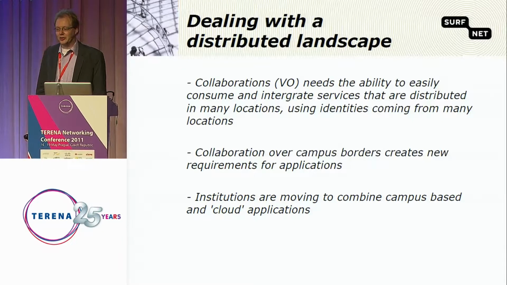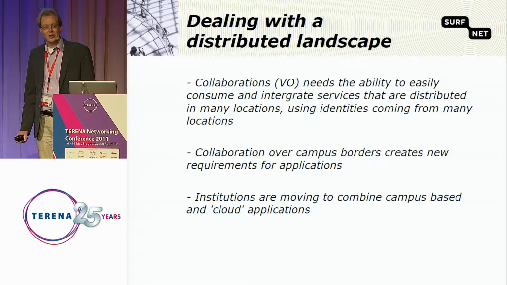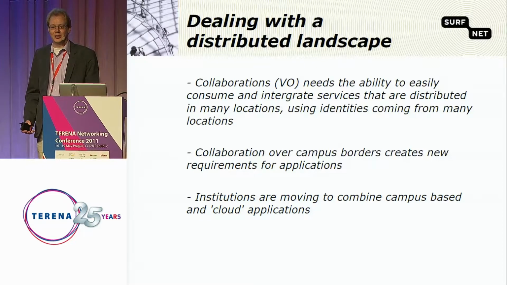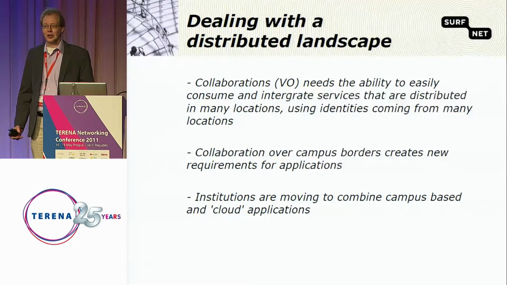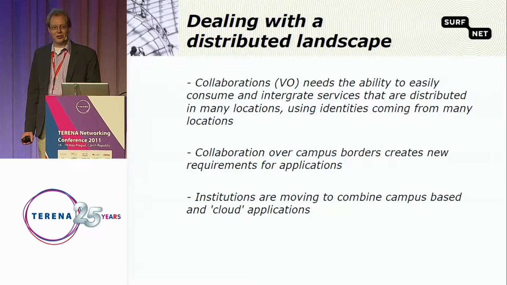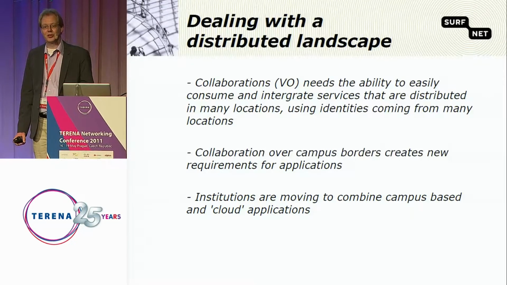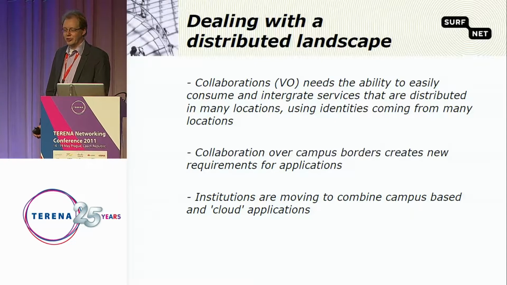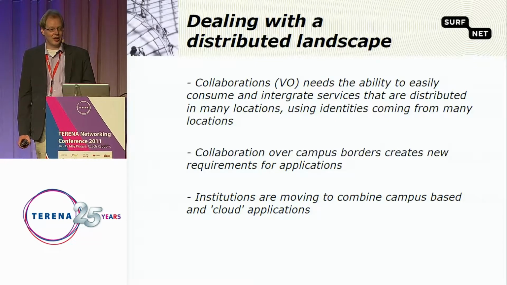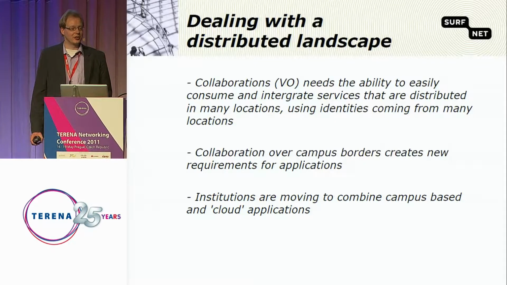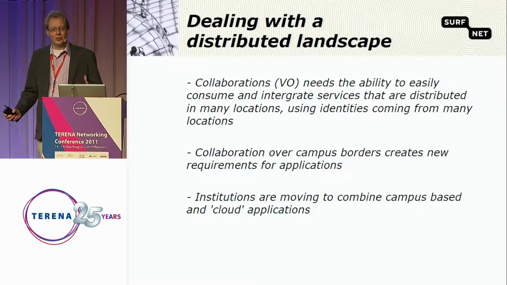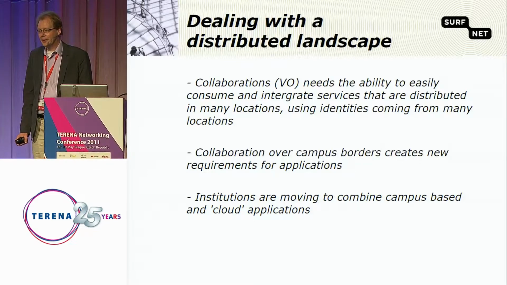In collaboration, you see that it's actually institutions sharing applications in between them and sharing them between, for example, research groups. These applications will live in many different campuses, might also be off-campus, but somehow they need to make sure that identity and group memberships, etc., can be shared over these applications.